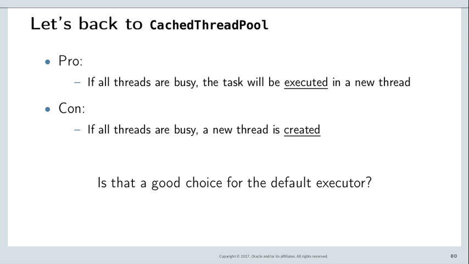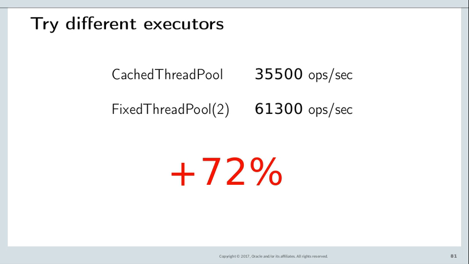As I already told you before, it's not a good idea to use a cached thread pool. I just checked and ran through a lot of different executors in order to understand which executor would be better, and I realized that a fixed thread pool with only 2 threads gives us yet another 32% of performance.